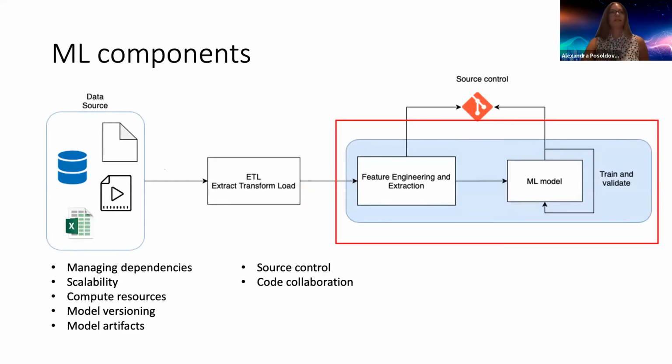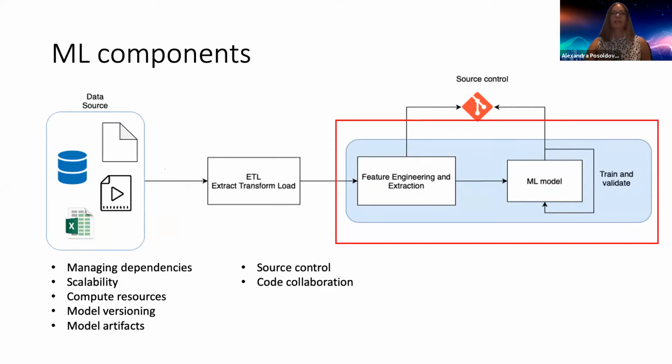And lastly is the ML component. In ML component, there are two basic components or subcomponents. First is feature engineering and extraction. So at this stage, you process your data and extract features for the machine learning model to train on, and the machine learning model itself, but is being trained and validated and improved in loop.